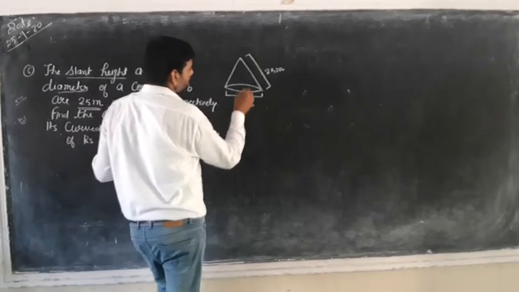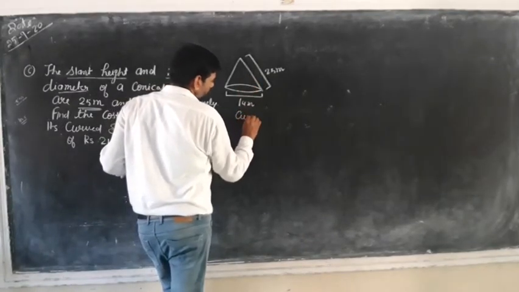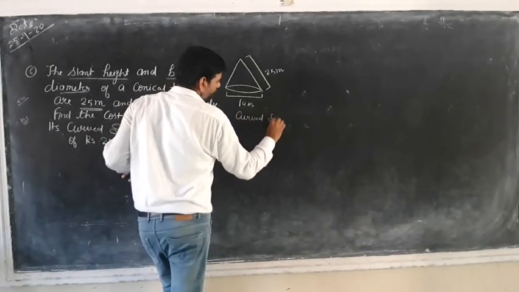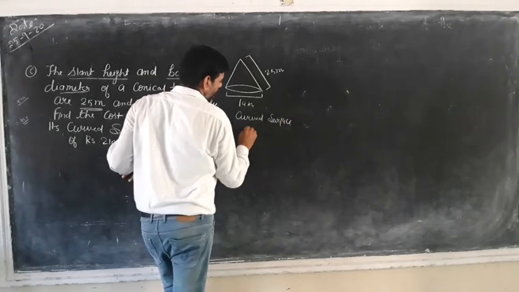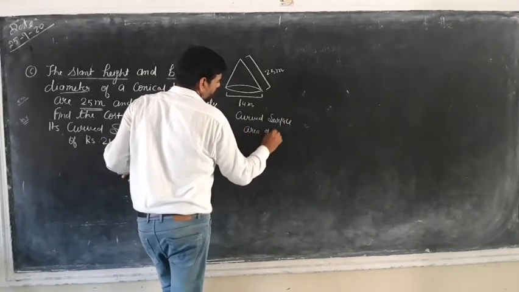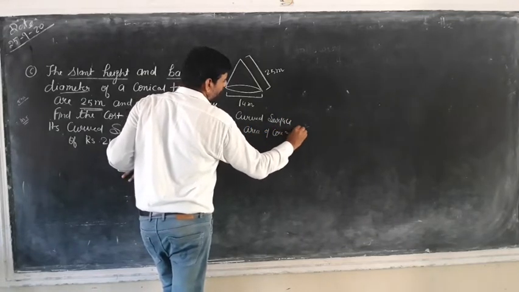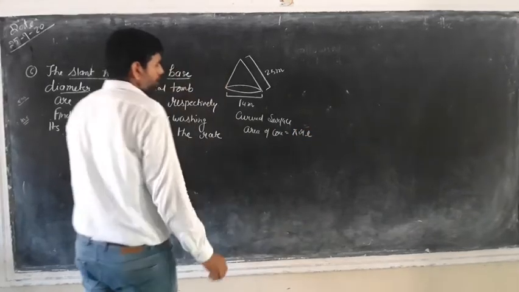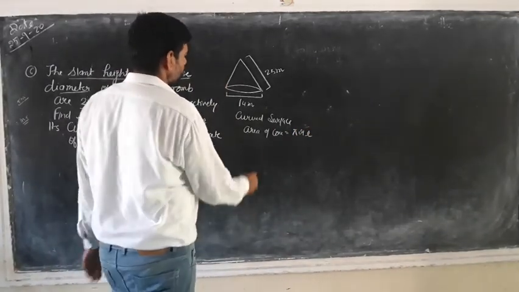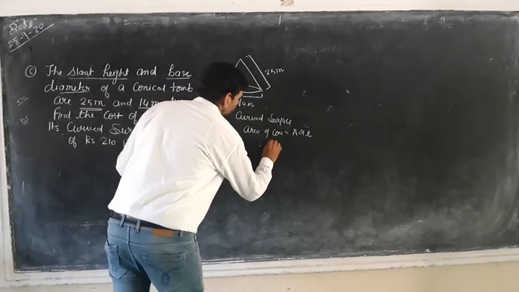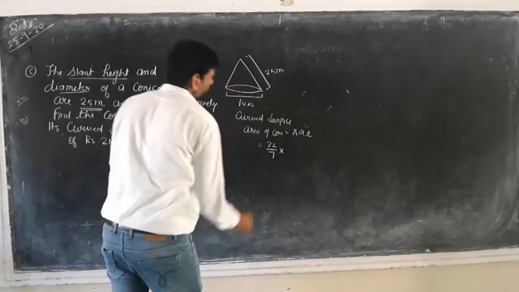First we find the curved surface area. Curved surface area of cone is equal to pi r l, which is 22 upon 7.